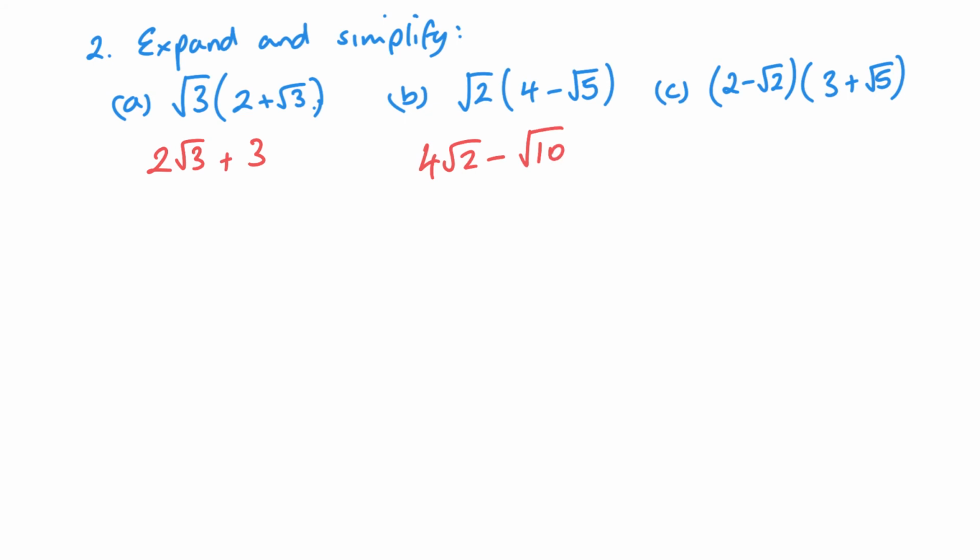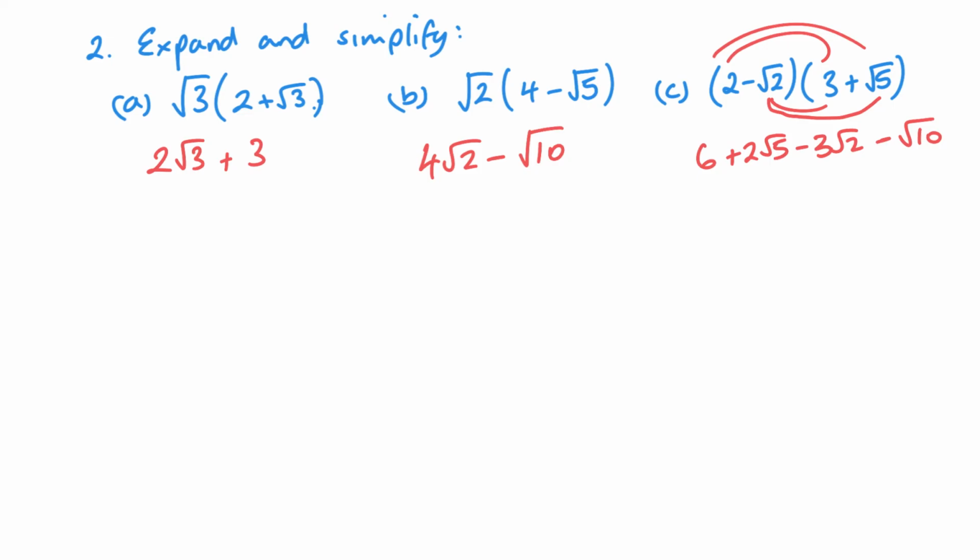And then the final one, 2 times 3 here is 6. 2 times root 5 is 2 root 5. 3 times negative root 2 is negative 3 root 2. And then finally, negative root 2 times root 5 is negative root 10.